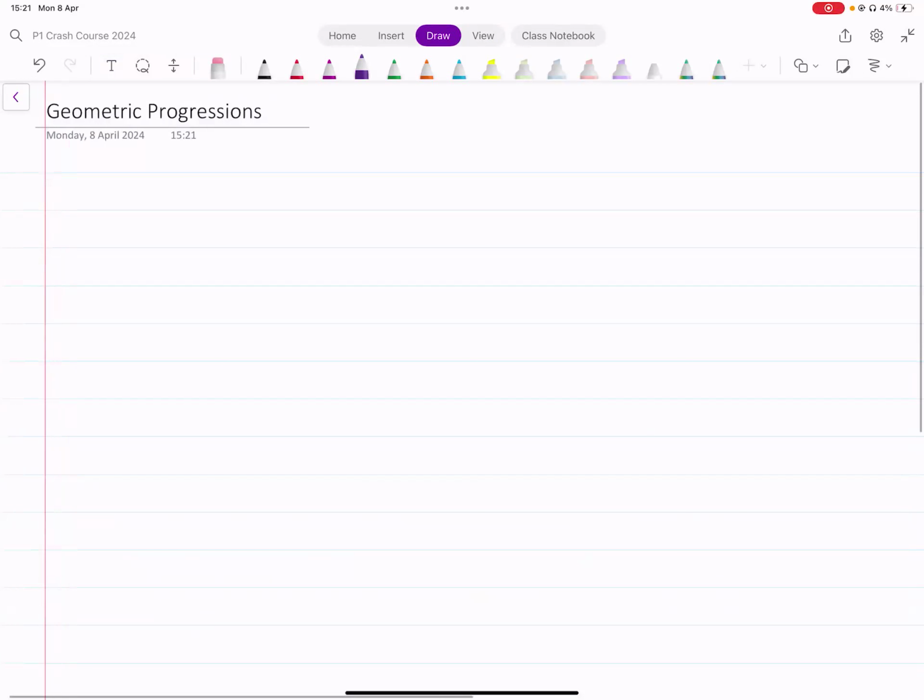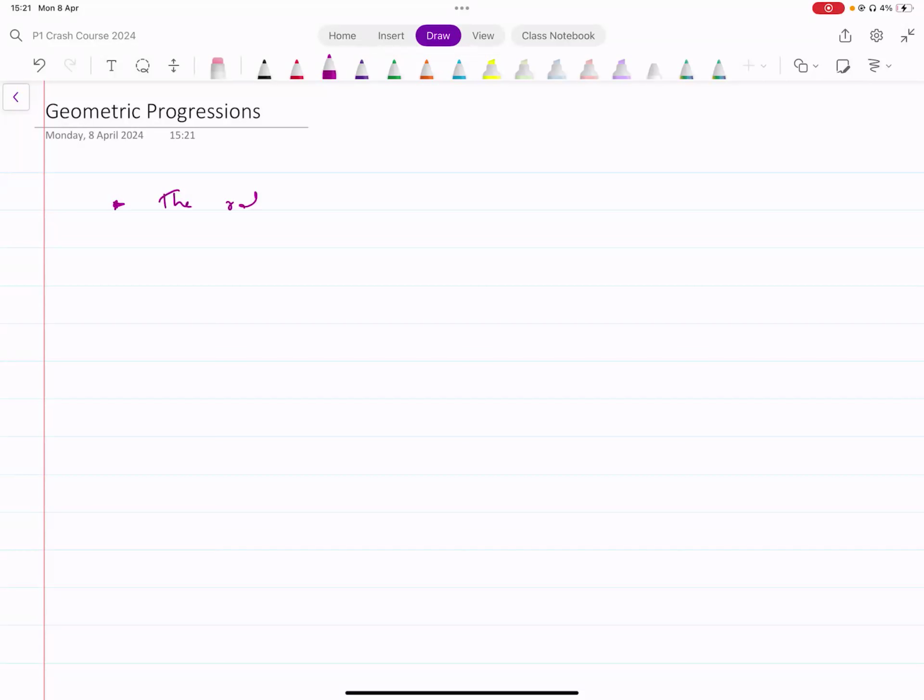Okay, now geometric progressions basically have the ratio between terms constant. The ratio between consecutive terms, that is constant. So in arithmetic progressions, the difference was constant. In geometric progressions, the ratio between consecutive terms is constant. Let me write that down here.